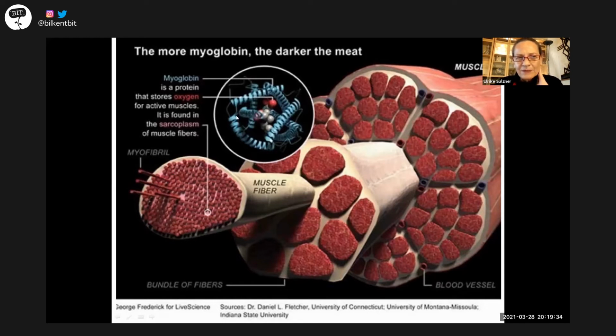The color of the meat comes from the myoglobin that makes it red, and it depends on how much oxygen it has taken in, whether the meat looks grayish or reddish. So if the meat looks a bit gray, it doesn't mean that it's ruined. That might be simply the oxygen content in the myoglobin has changed. So all of this is protein. And then we have also some blood vessels, okay?